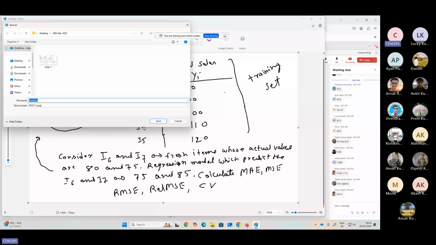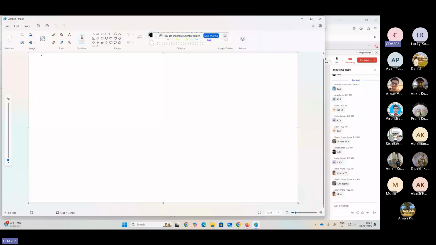See, first of all, we will calculate MAE. I already told you the formula. MAE is 1 by n summation of i equal to 0 to n minus 1, yi minus yi cap.